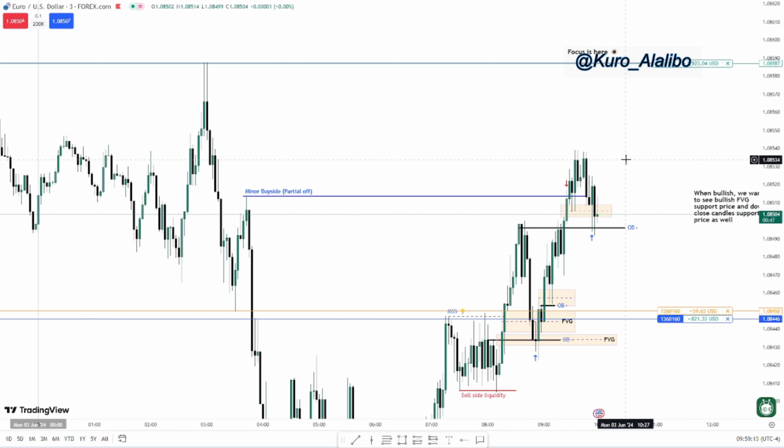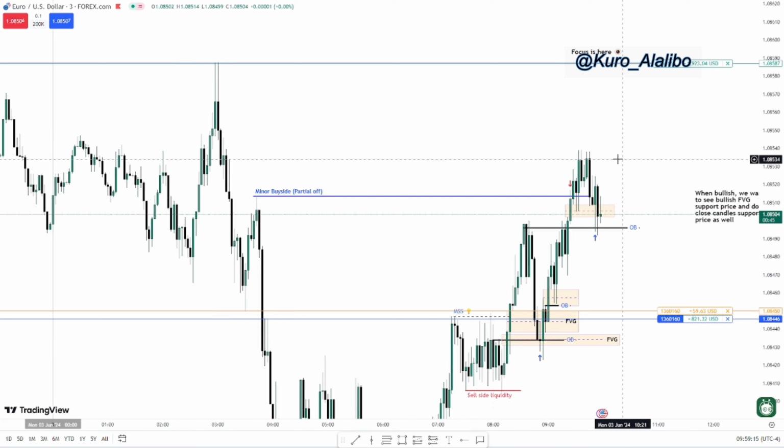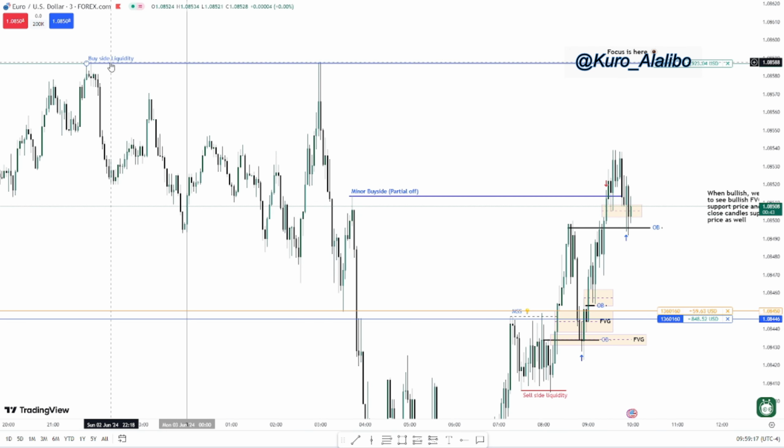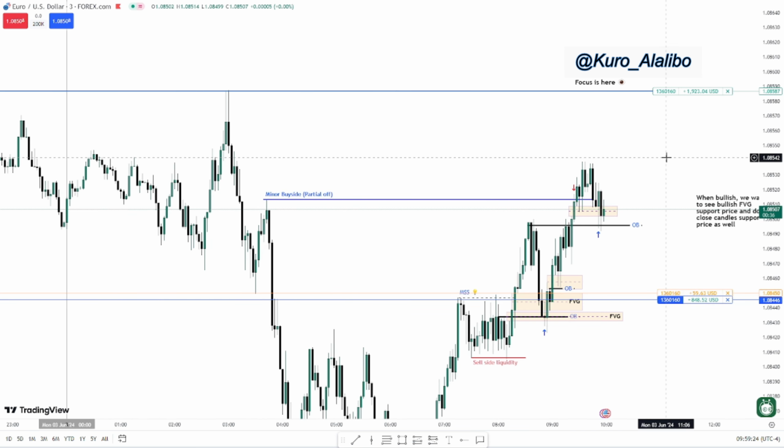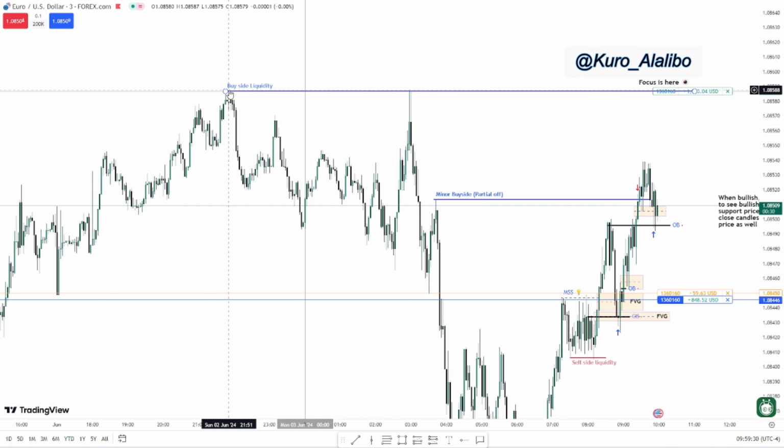So I'm willing to hold this trade into the news because I do really feel they are going to drive price into this pool of liquidity. Even if it doesn't do that this PM session on Monday, there is a high impact news event on Tuesday tomorrow. So you can't expect that, because I know for a fact this is not resistance.